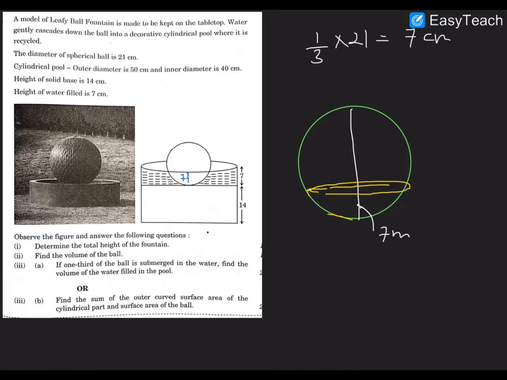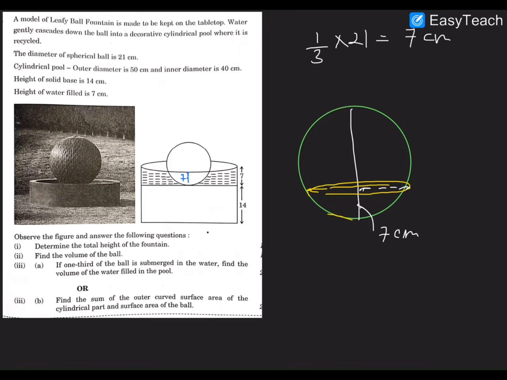Now with the base of what you have learned in the 10th grade, we cannot find the volume of this because at this time we don't know what the radius is. The radius cannot be taken as 7 because this is not a hemisphere. A hemisphere is half of the sphere. This is something we are getting by cutting 1/3 of the ball.